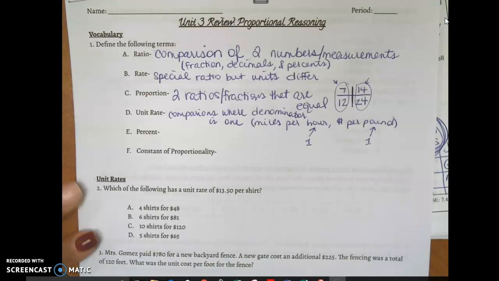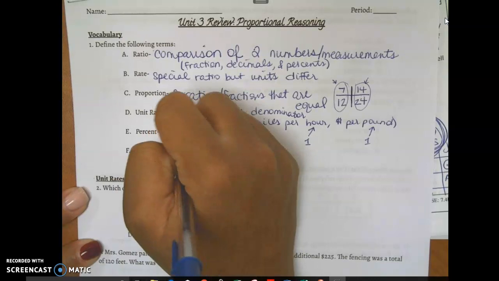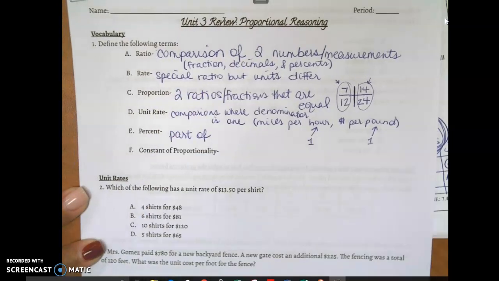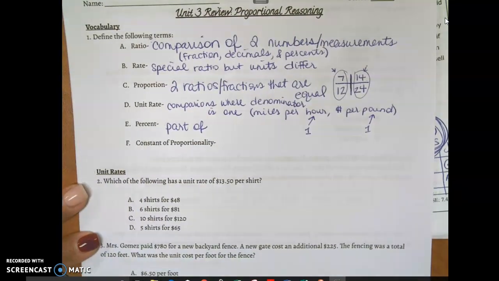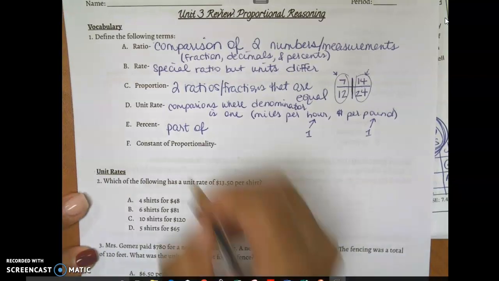A percent is part of what? What is the whole in specific for percent? 100.